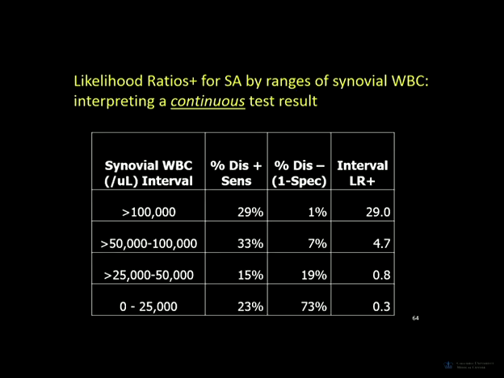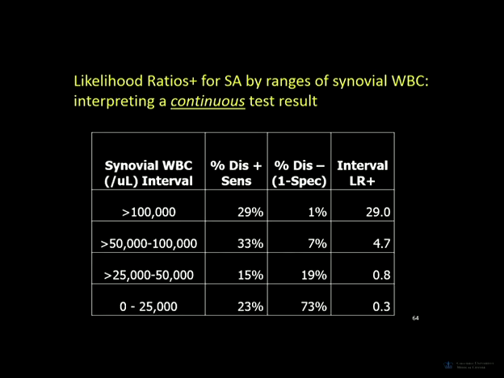Well, let's break down some of the spectrum of WBC counts in the synovial fluid. So if we take patients who are in the range right near our cutoff, their likelihood ratio is 0.8. So, in fact, the 28,000 cutoff, that was just an average of people over 28,000. Actually, people at exactly 28,000, the test isn't really that useful.